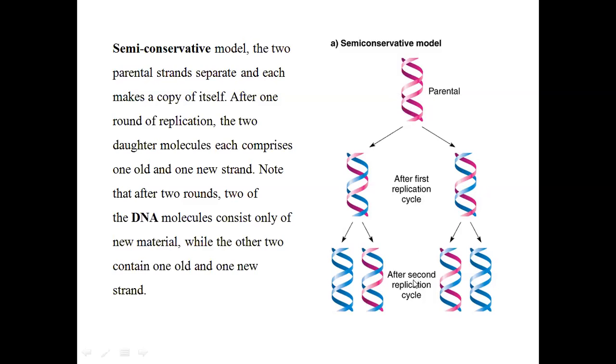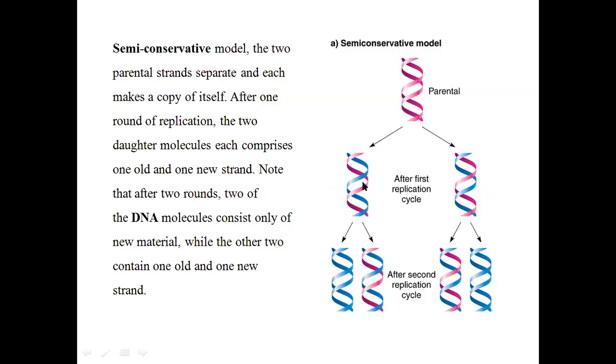But after the second replication cycle, the daughter molecules comprise one old and one new strand. Note that after two rounds, two of the DNA molecules consist of only new material, while the other two contain one old and one new strand. See here, this is after the first replication cycle in the semi-conservative model.